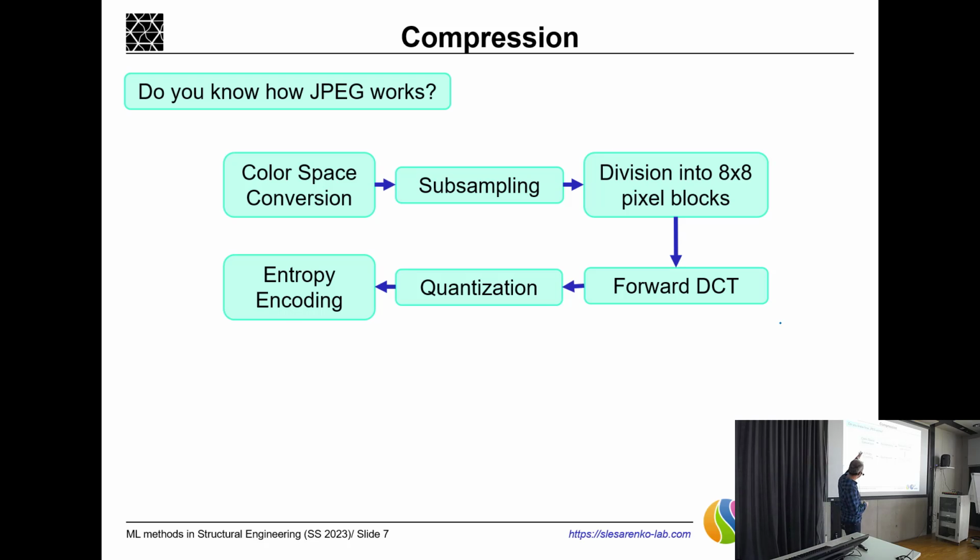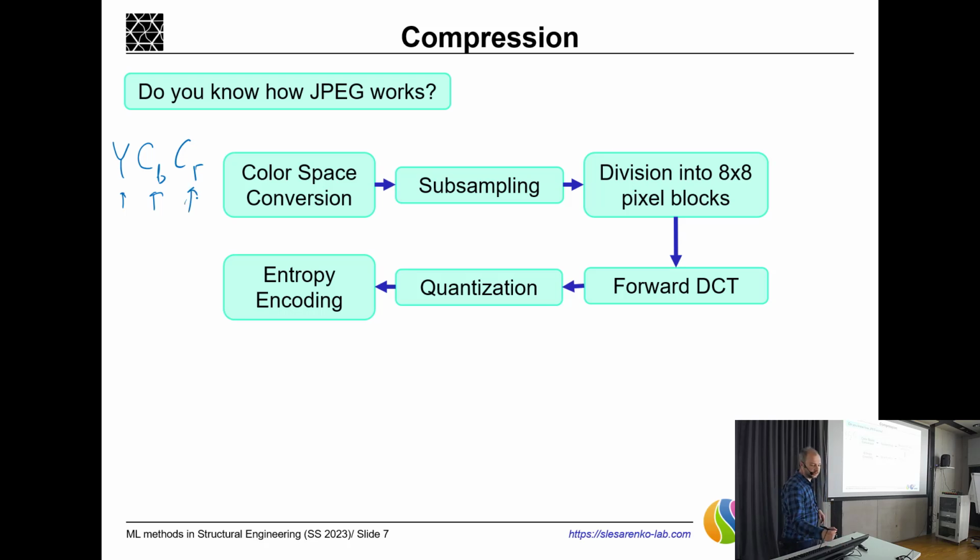First, inside the algorithm, you have a color space conversion. We are using RGB, but it's not the most efficient way to do that. So there is a conversion to another color space, which is called YCbCr, where one number represents luminosity, and the others are specific parameters: how far your color is from the blue, and how far from the red.